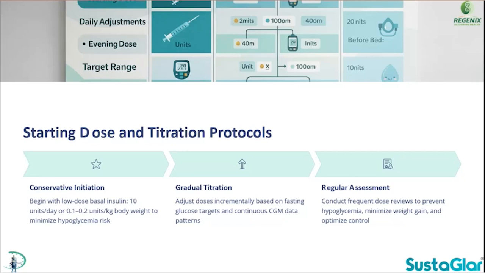Gradual titration every week. Instead of waiting for the third week of fasting sugar and adjusting the dose, I do it in my practice every week based on the FPG response. Then after the FPG response, we can modify the insulin treatment. And regular assessment is also important, which can prevent hypoglycemic events, minimize weight gain and optimize the control.